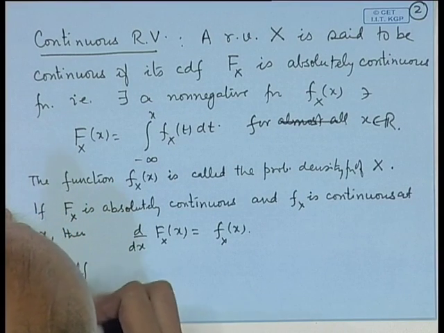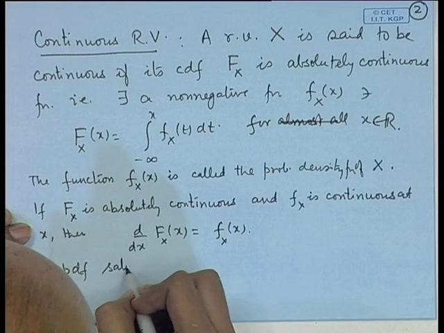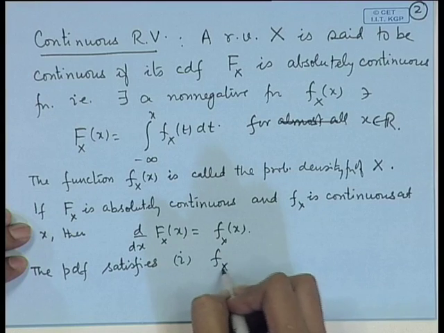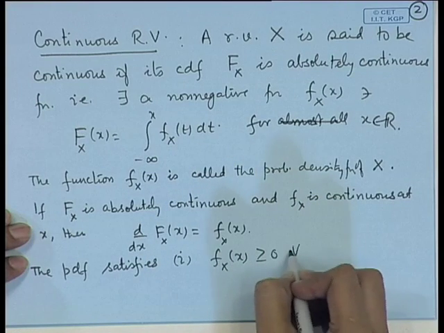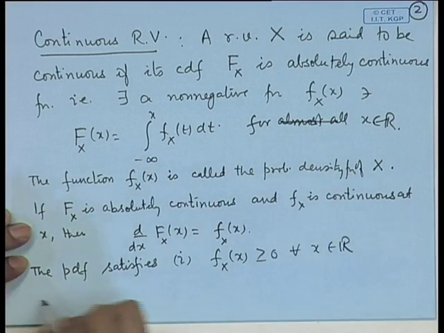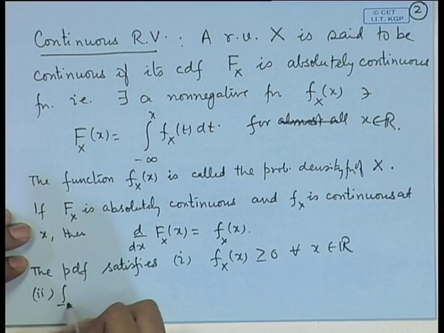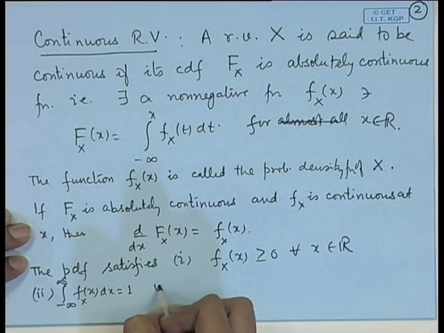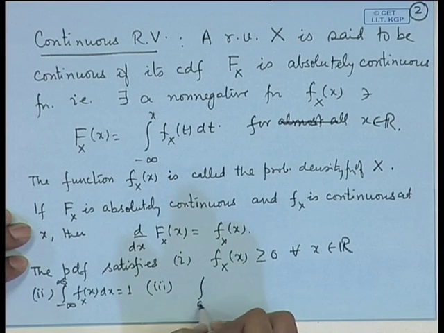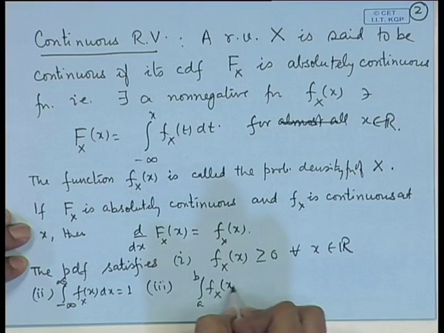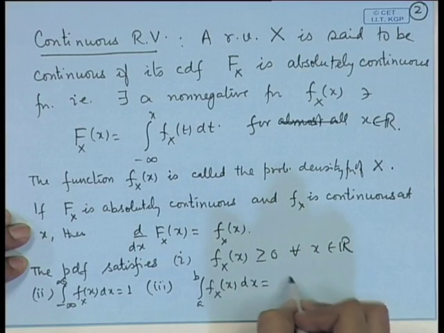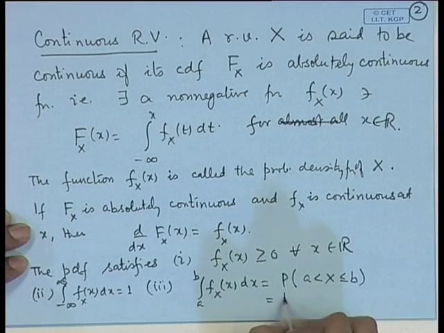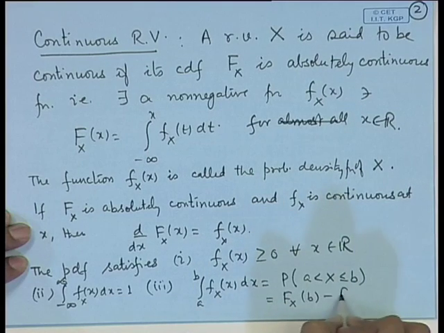The PDF, or the probability density function, satisfies: one, it is a non-negative function. Secondly, the integral over the full region is equal to 1, and if we integrate the density over an interval a to b, it denotes the probability of a less than or equal to X less than or equal to b, that is basically F_X(b) minus F_X(a).